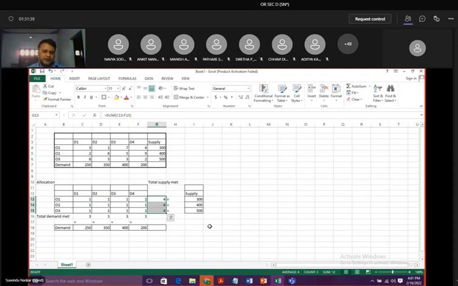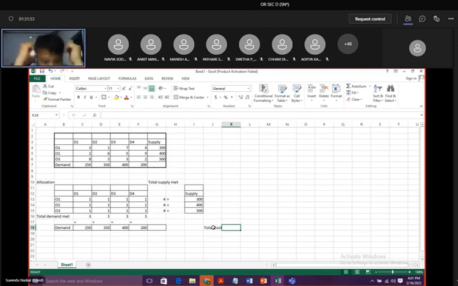Now what is the total cost? Any taker? Multiply between what and what? Right, you tell me from this Excel because it's visible to you, so that everybody gets it.